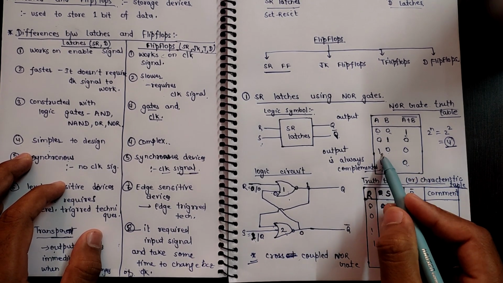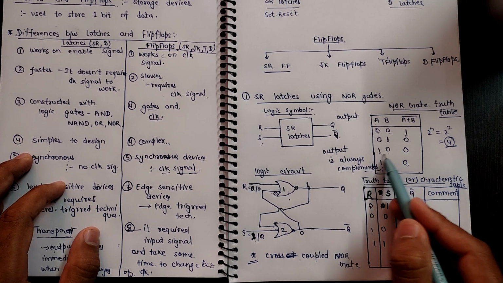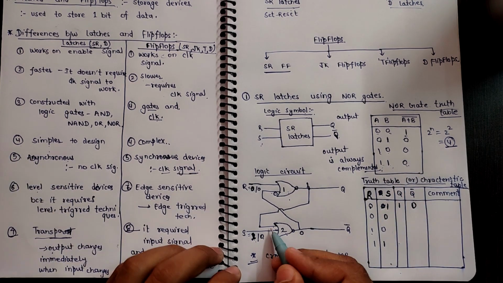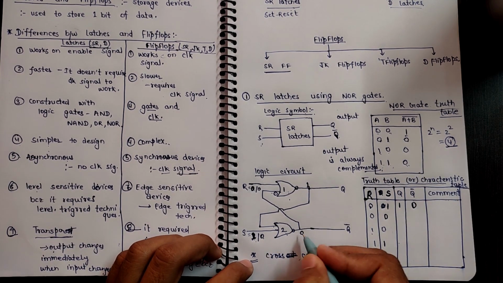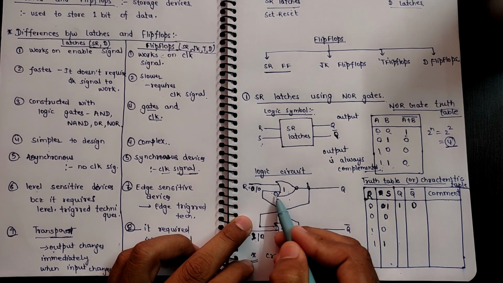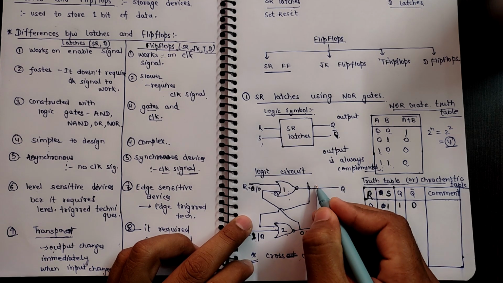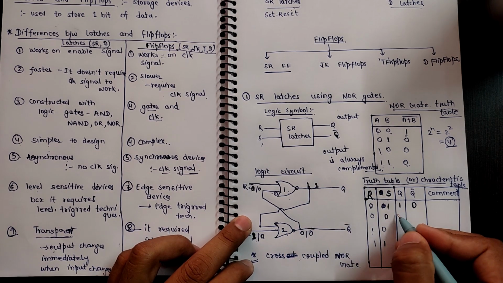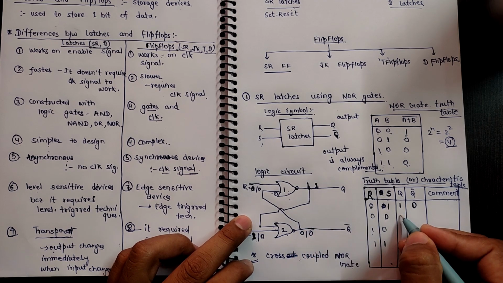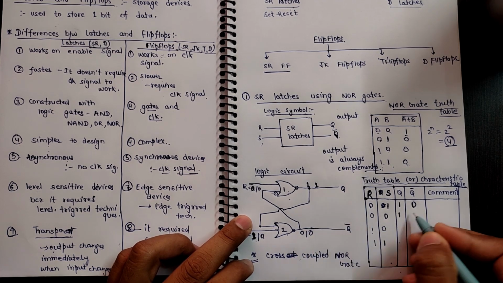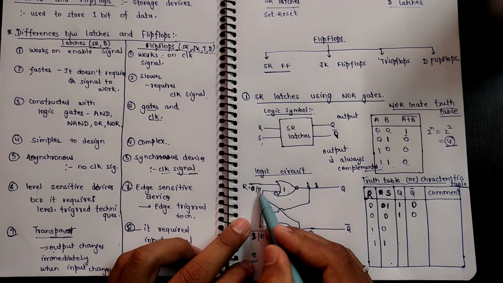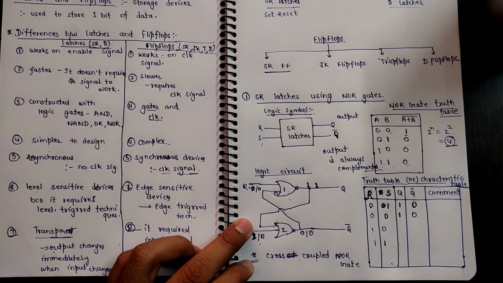So 0 and 1 makes 0, and here 0 and 0 will make 1. This is same as the previous output, so we will get 1 and 0. When it is 0 0, we will get this.